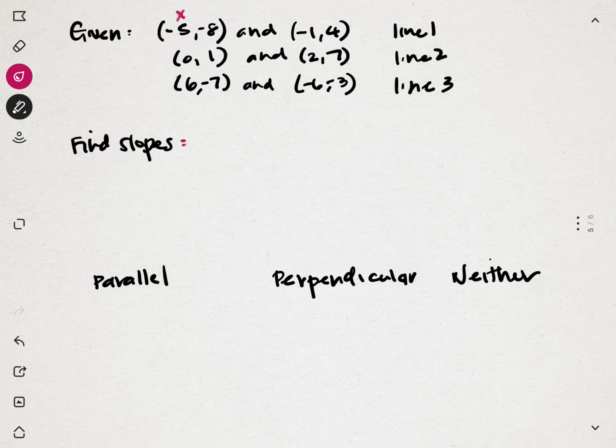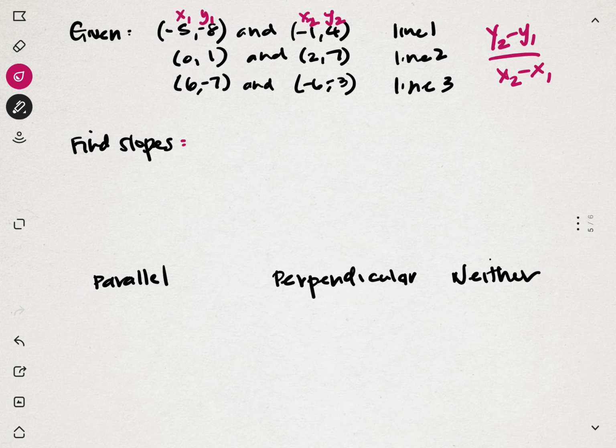Remember, you can label your points X1, Y1, X2, Y2, so that it's easier to fill in the slope formula, Y2 minus Y1 over X2 minus X1.